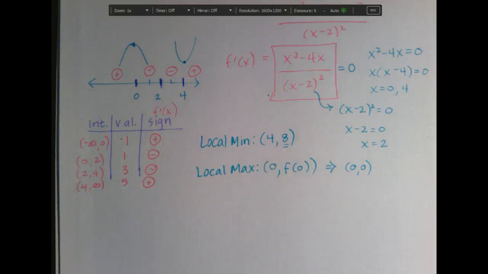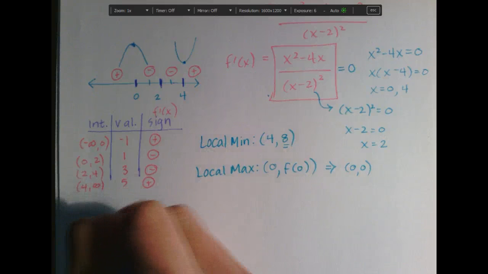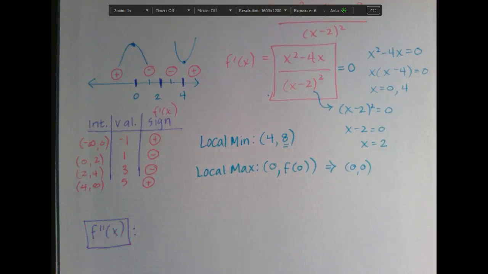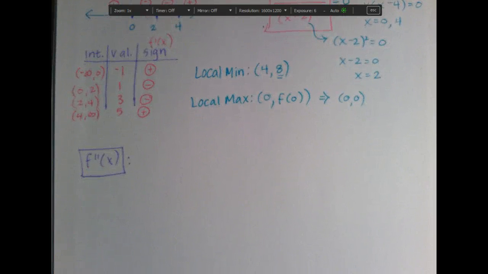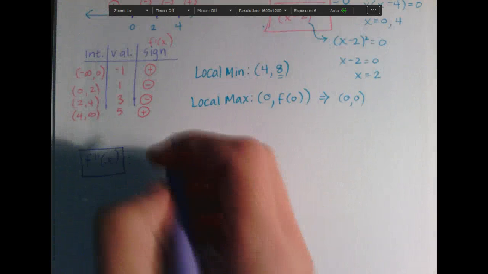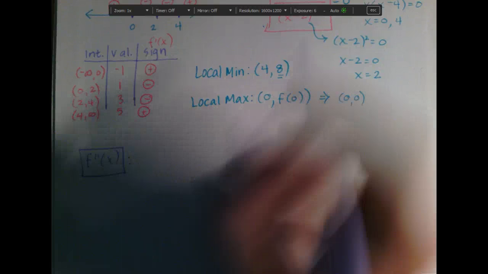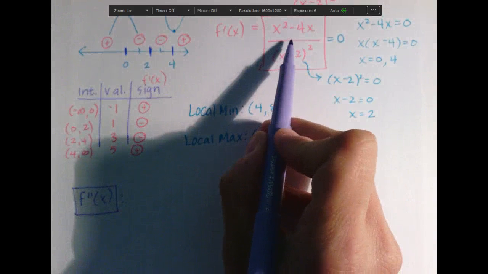Okay, we've also got to take a look at our second derivative. When we're taking the second derivative of a rational function, it gets a little bit tricky using that quotient rule. You just have to be really careful about watching every little sign. So I'm going to do that same thing again, low d high minus high d low over low low, with my first derivative here, which is also a rational function.